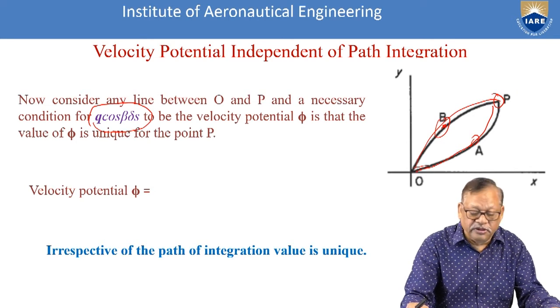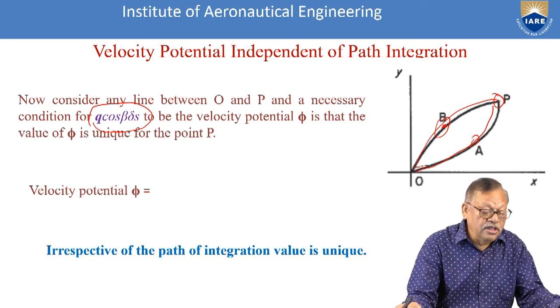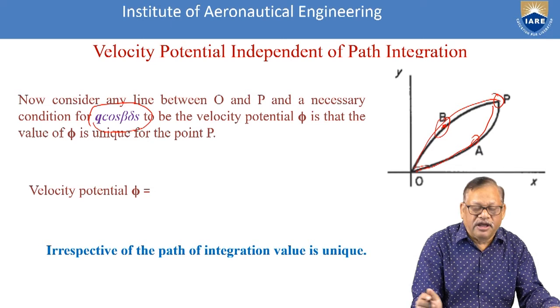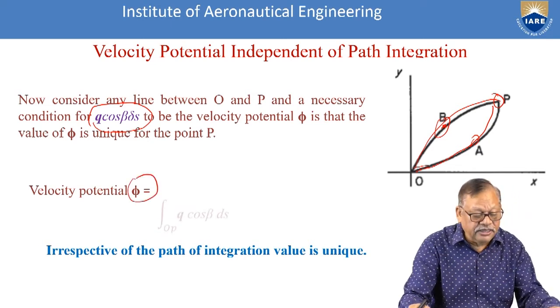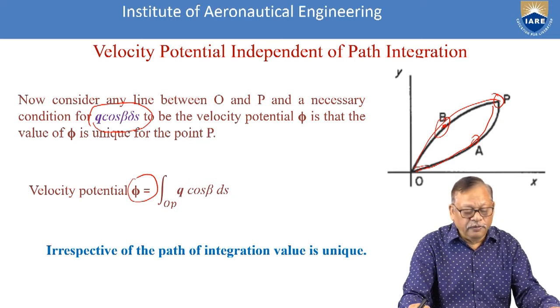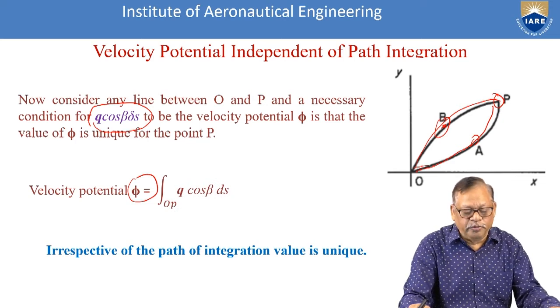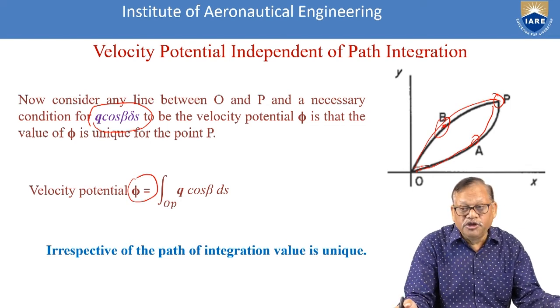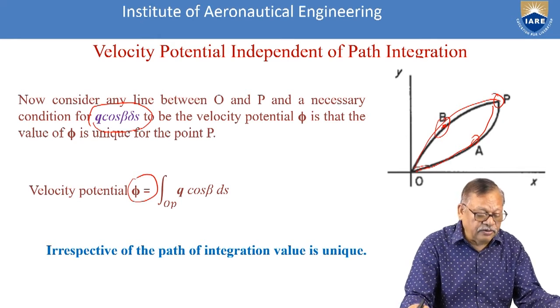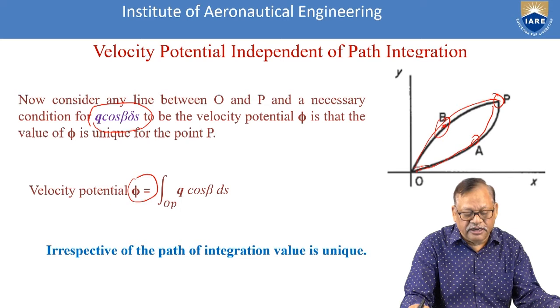It will not change. So how can we write the velocity potential phi? If we integrate from O to P, without saying which path we are following, phi is the integral of Q cos beta ds, and it is independent of the path of integration.